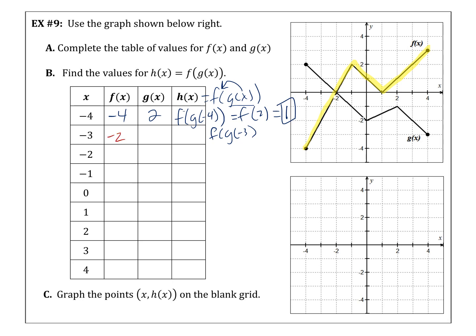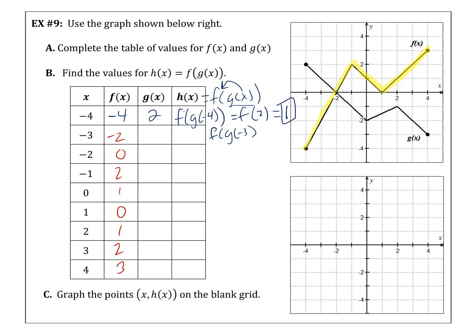At -2, I get 0. At -1, I get 2. At 0, I get 1. At 1, I get 0. At 2, I get 1. At 3, I get 2. At 4, I get 3.